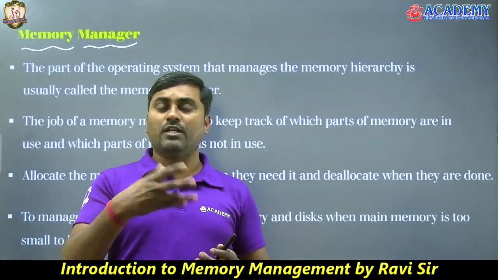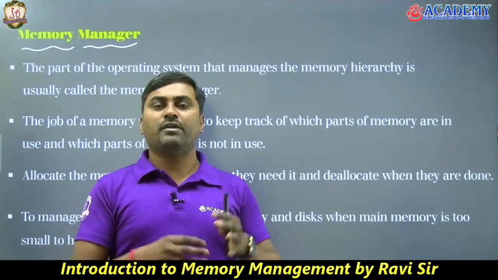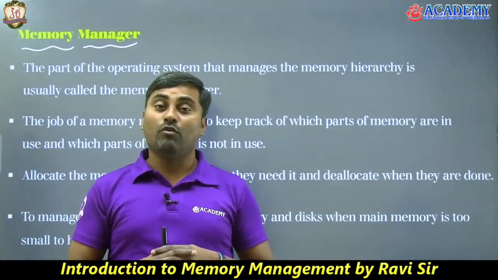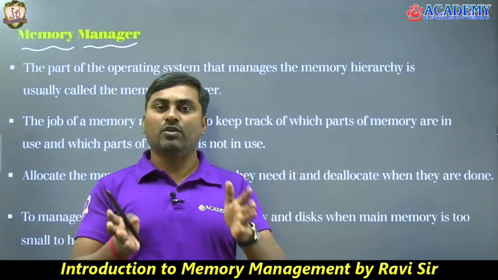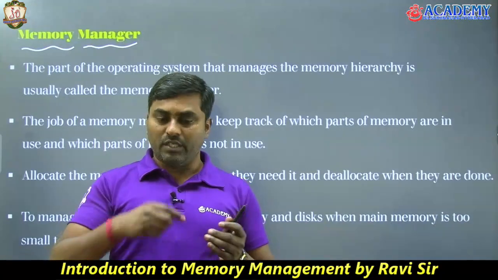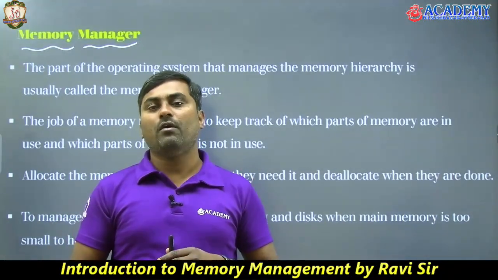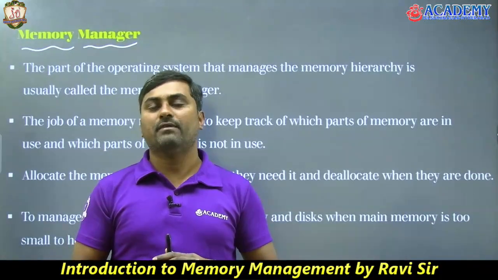When they complete, they leave, we have to remove those programs, and so the memory gets vacated. The partitions get free. Now the operating system must ensure how many partitions are there, how many partitions are already in use, and what unused partitions are there. It has to keep track. This we call free space management, and this should also be done by the memory manager. Getting my point?